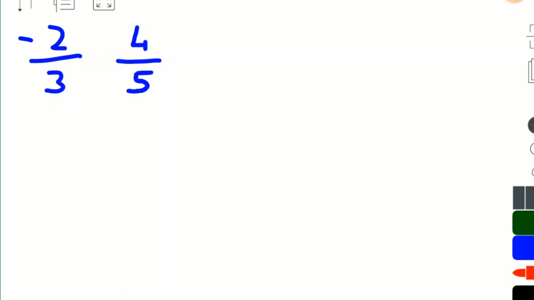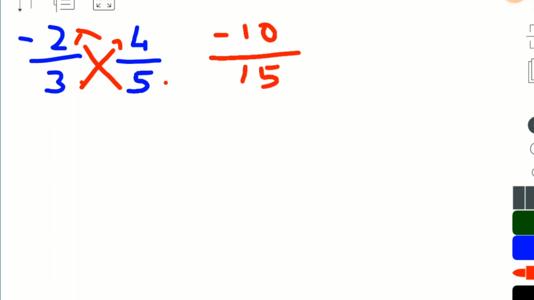Now let's see a subtraction question, that is minus 2 upon 3 and 4 upon 5. Here also denominators are different. We will make it same by cross multiplying. 2 multiplied by 5 you will get as minus 10, and 5 3s are 15. Here 4 3s are 12 and 3 5s are 15. Hope you are understanding this concept.